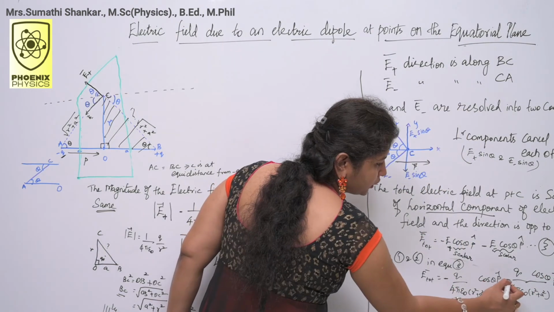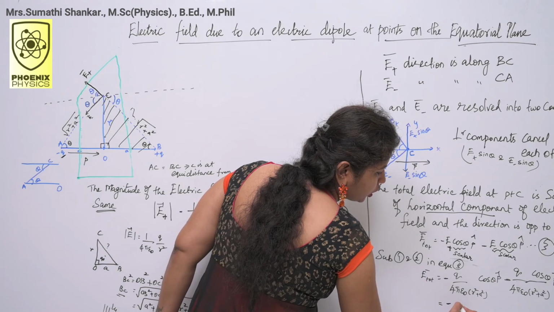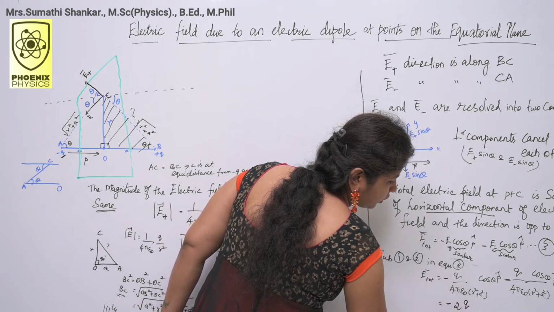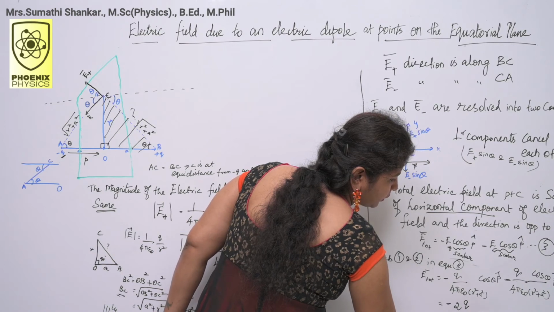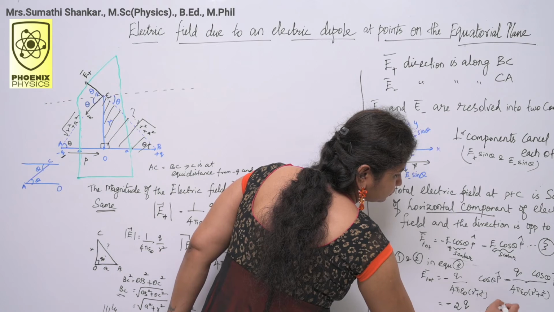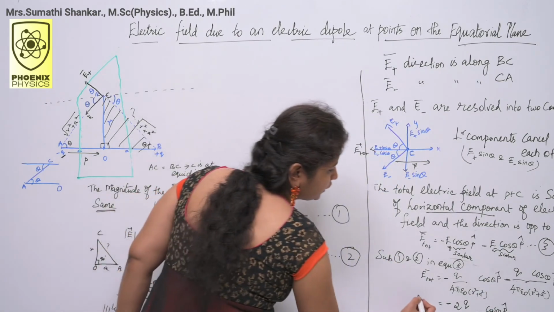Also a minus quantity, here also a minus quantity, so minus 2Q by 4 pi epsilon naught (R square plus A square) cos theta P cap. This is the E total value.